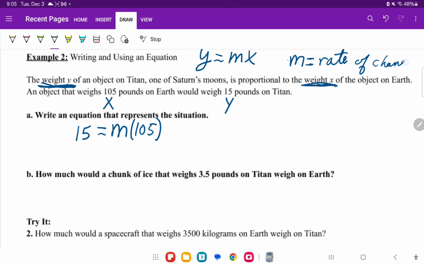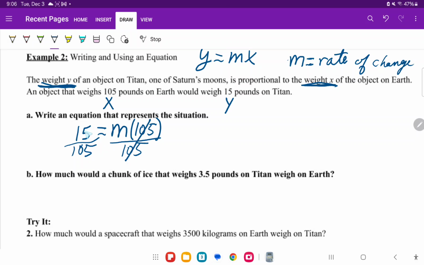By solving this little problem, we will figure out what that rate of change is. Now, how would I solve for m right here? How would I get m all by itself? I need to get m by itself, so I'm going to divide by 105. So it's 15 divided by 105, not 105 divided by 15. So it has to be this way.